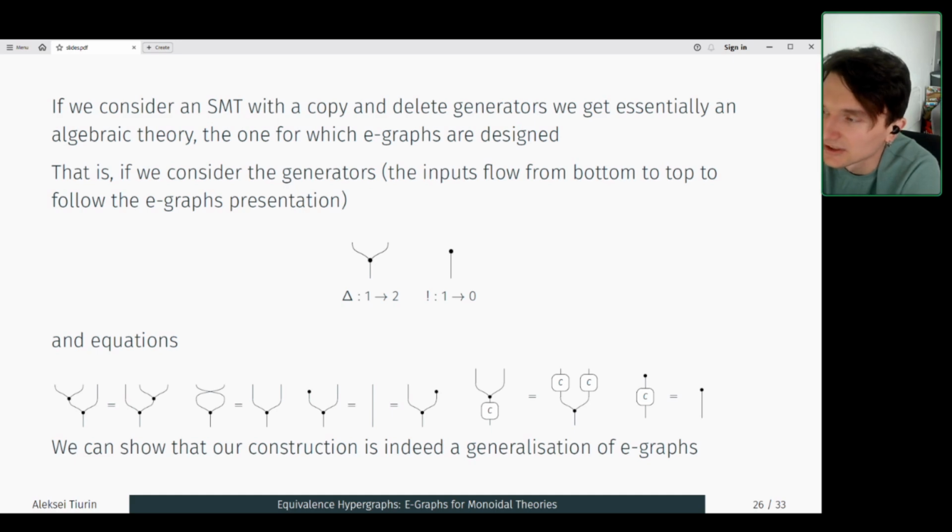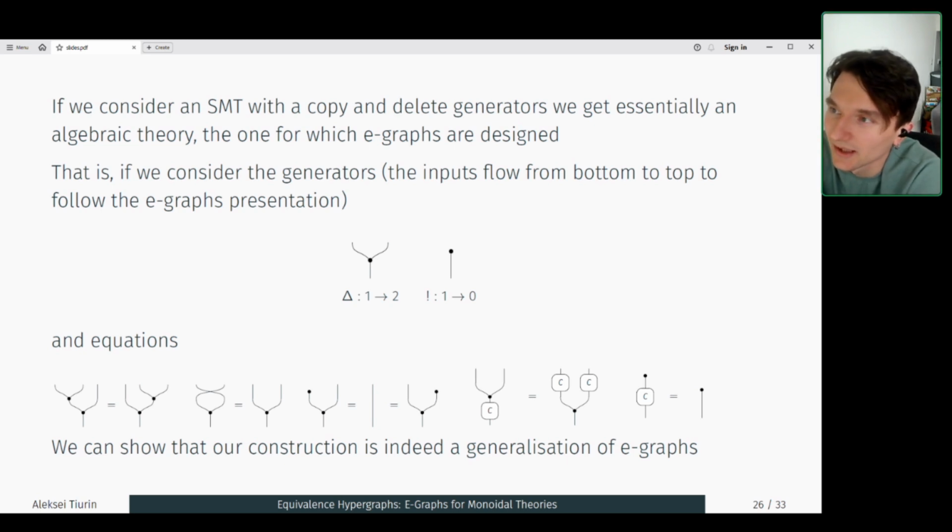And there are also some equations that the generators should satisfy. The first bunch of equations are just the same equations that we had for commutative monoid. And the other two equations are just the naturality for this duplication generator and the deletion generator, so that we can copy things and we can delete things.